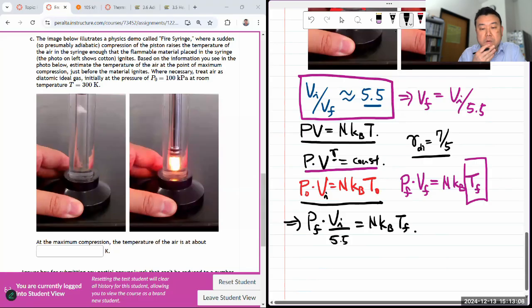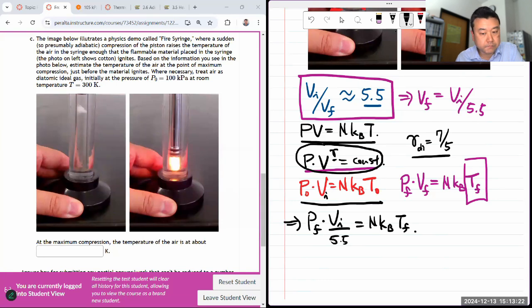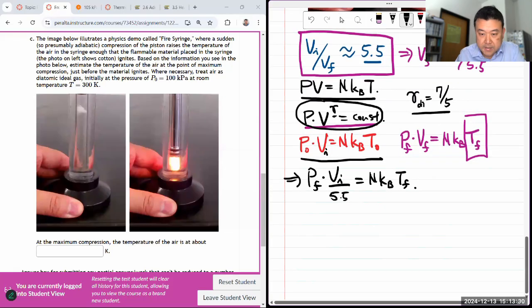But what I want to do is use the adiabatic process equation. So let's write this out explicitly: P naught V naught to the gamma is equal to P final V final to the gamma. And from here, we could solve for P final.